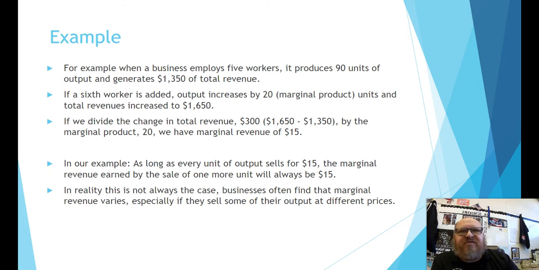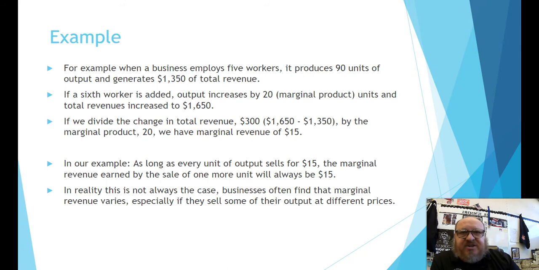So to find the marginal revenue, we divide the change in total revenue, so 1,650 minus 1,350, which gives us 300. And we divide that by the marginal product, which is 20, because that 6th worker created 20 more units. And that gives us a marginal revenue of $15.